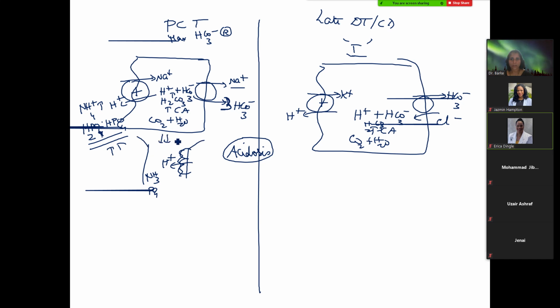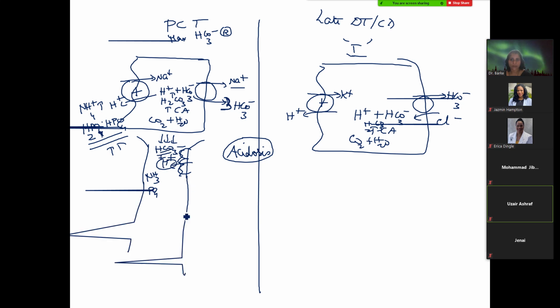What's another thing which is happening? What will happen to filtered bicarbonate? In acidosis, do you want the filtered bicarbonate to get excreted or conserved? You want it to get conserved, correct? And how is it getting conserved? The filtered bicarbonate HCO3 reacts with H plus. What is regenerated?